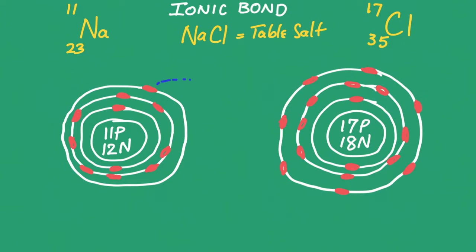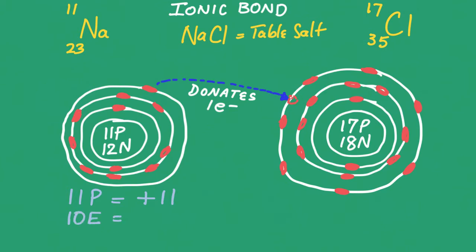So when sodium comes in contact with chlorine, it donates an electron to chlorine. When this happens, the sodium has its second shell filled and chlorine has its outer shell filled as well. However, since sodium has donated an electron, the charge of sodium changes.